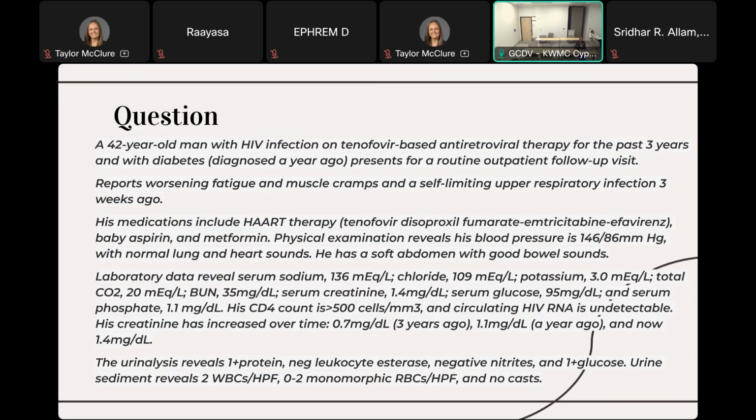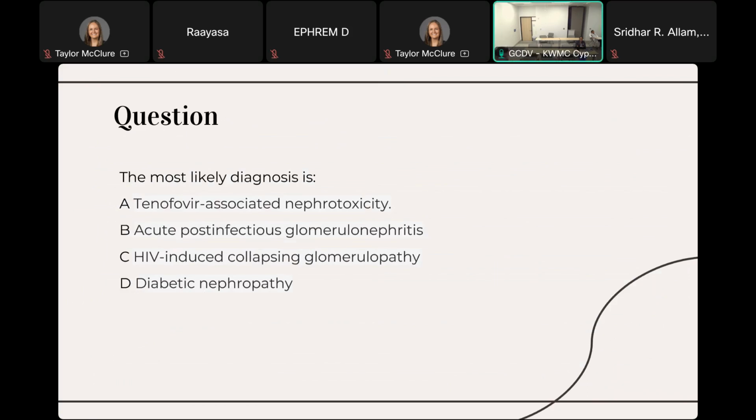The urinalysis reveals 1 plus protein, negative leukoesterase, negative nitrites, 1 plus glucose, and the sediment reveals 2 WBCs, just some RBCs and no casts. The most likely diagnosis is tenofovir-associated nephrotoxicity, post-infectious GN, he had a sore throat 3 weeks ago, HIV-induced collapsing nephropathy, or diabetic nephropathy. So, which one do you think it is?